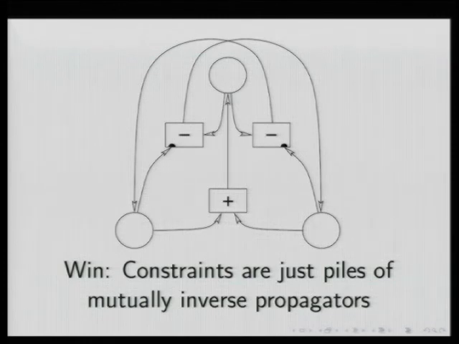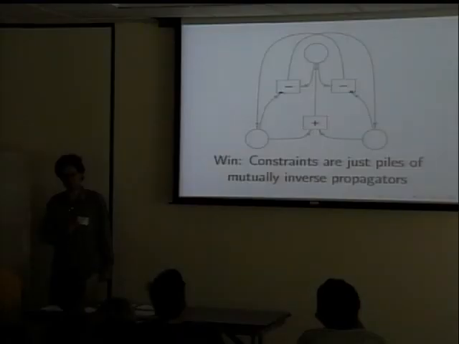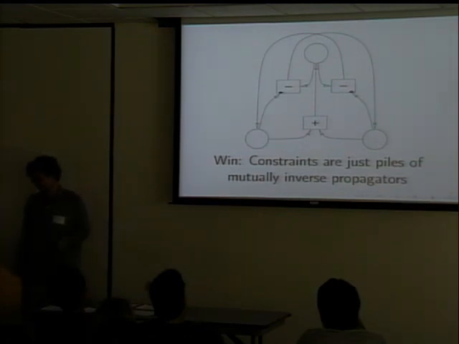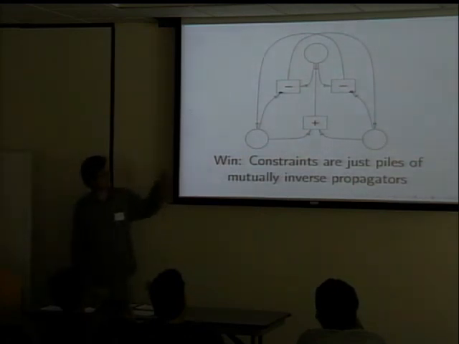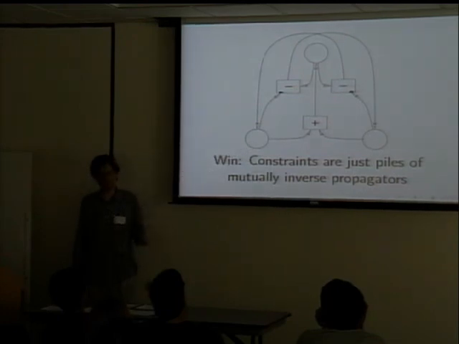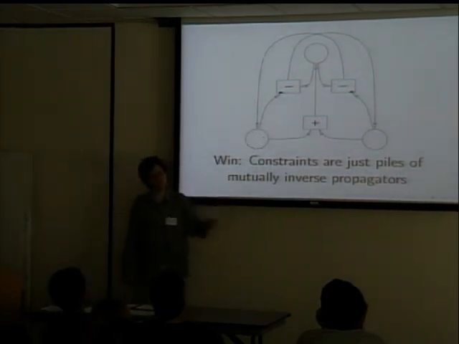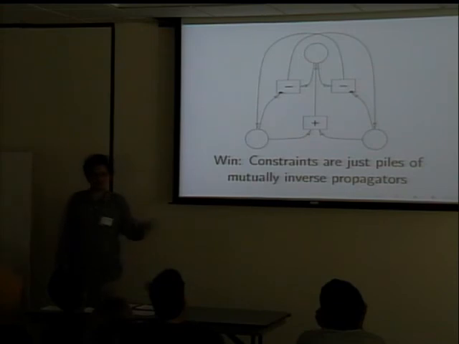Multi-directional constraints come out very naturally as just piles of mutual inverses. So if we have a little collection of propagators like this, this is a sum constraint. If any two of these cells get filled with values, then one of these three machines will have enough inputs to go and can fill in the third one.